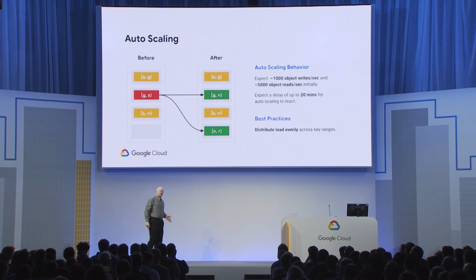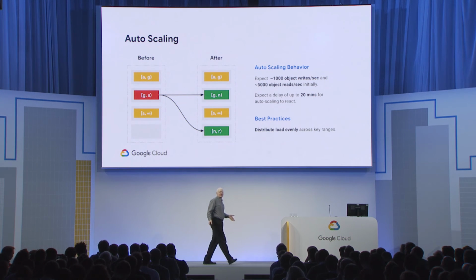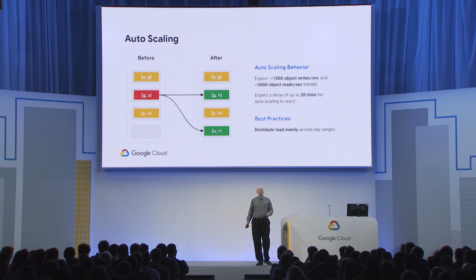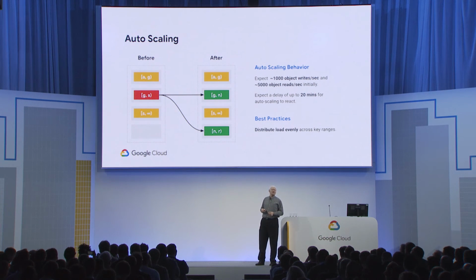But there are situations where you can essentially laser or really force heavy load into a different piece of the namespace, and when that happens, you're going to cause excessive splitting and joining of these nodes, which actually will impact your performance. Most of the time, you don't have to worry about this. But if you do have very heavy load, and as a rule of thumb, think about 1,000 writes per second or 5,000 reads per second, then you want to pay attention to how you're using the namespace.